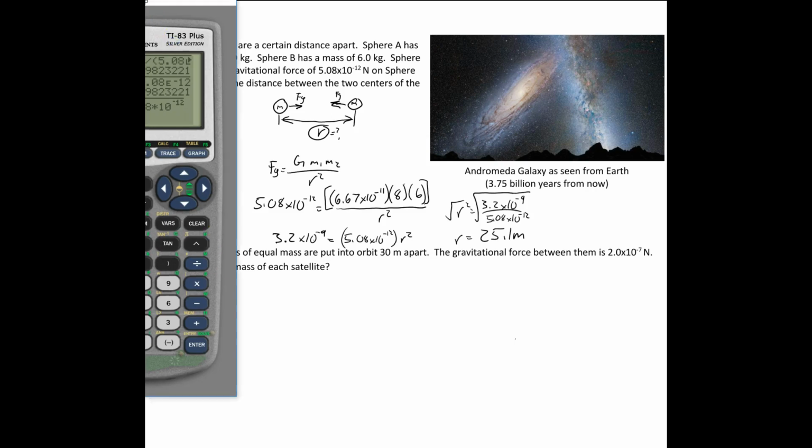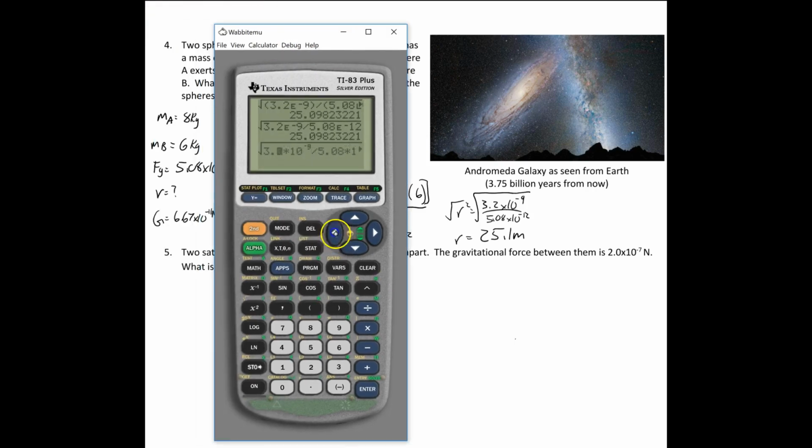But first, it's going to do 3.2, take that number, multiply it by 10 to the negative 5. Then divide that by 5.08, and then multiply the whole thing times 10 to the negative 12. All of a sudden, the 10 to the negative 12 is in the numerator, not in the denominator where it belongs. We should get a different number. And we do. It's way off. Look at that. Off by a power of 10. It's crazy.